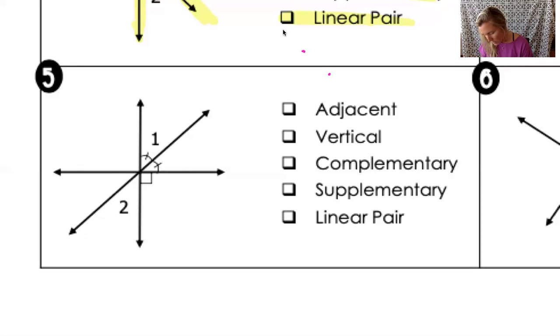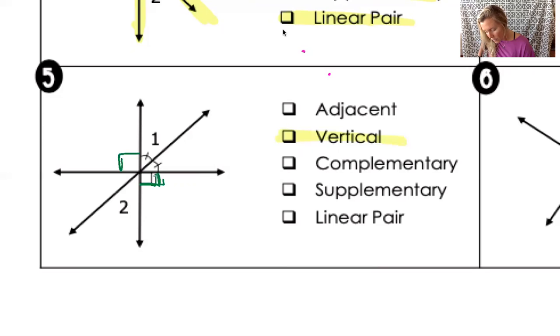Well, if we look at this, the easiest one to point out here is vertical, because vertical angles are 2 angles that are across from each other. You guys are sending me the answer of corn, and you mean comp for complementary. Looking at this, we know right here automatically that this means 90, which means that this would be 90.